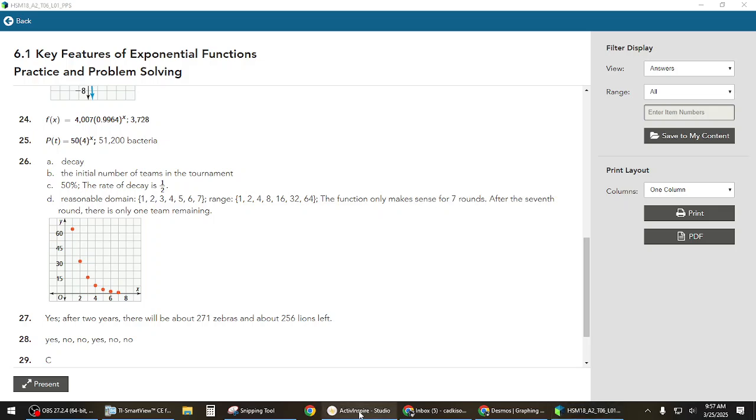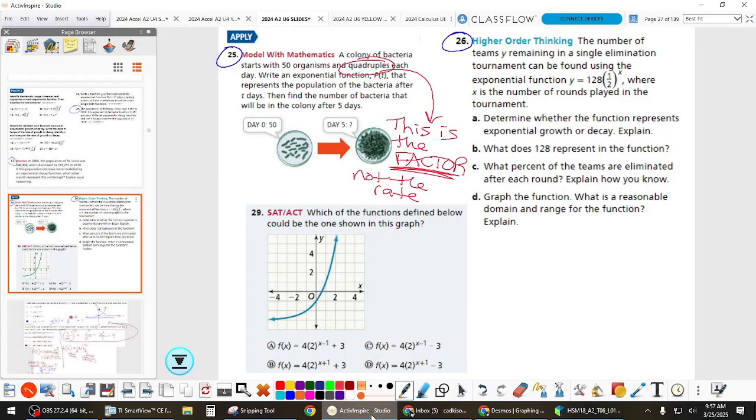Let me put this problem up so we can look at it. So single elimination, this is kind of like what we're doing right now with March Madness, college basketball. This is kind of what it's talking about.